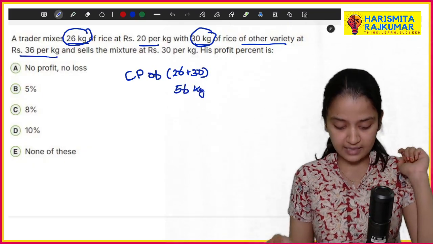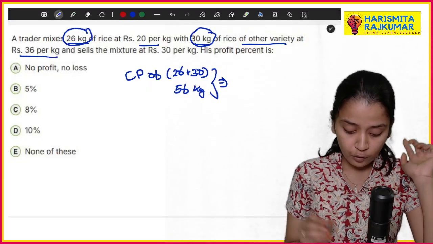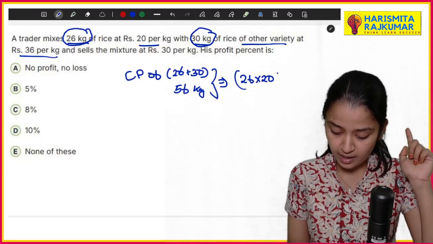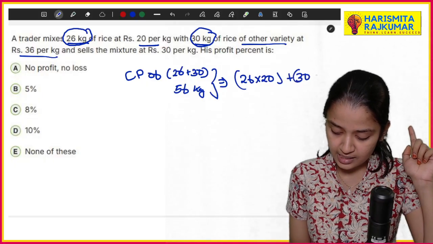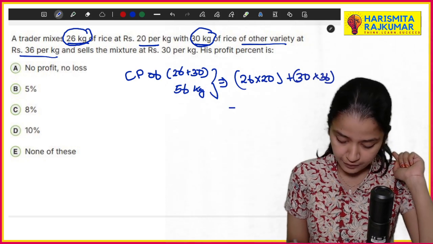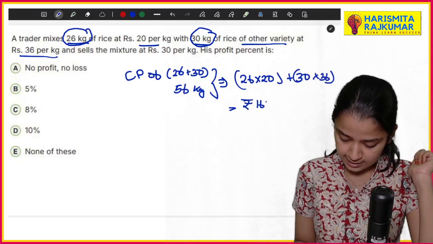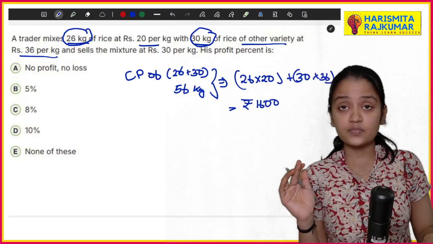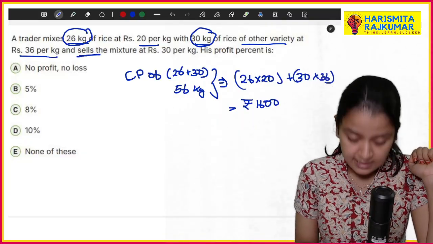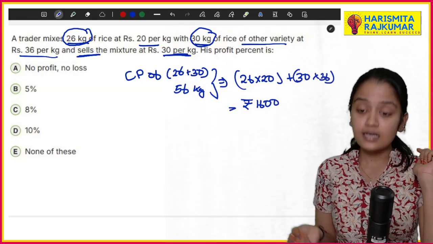I have to find the CP of 56 kg first. So what is the cost price of 56 kg? For 26 kg, the rate is 20 rupees. Then for 30 kg, the rate is 36 rupees. If I work it out, rupees 1,600 is my cost price of 56 kg. Now he sells the mixture at 30 per kg.